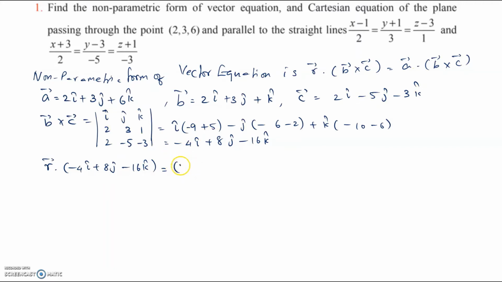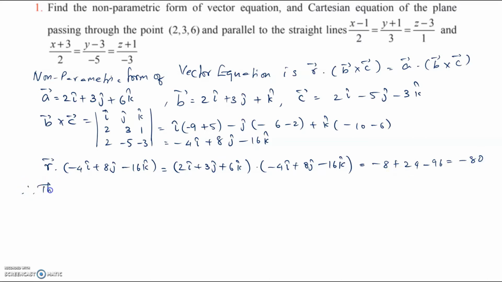Vector a is 2i cap plus 3j cap plus 6k cap, dot product with b cross c, which will be minus 4i cap plus 8j cap minus 16k cap. The dot product of this will be minus 8 plus 24, 6 times 16 would be minus 96. So, the result here is minus 80.